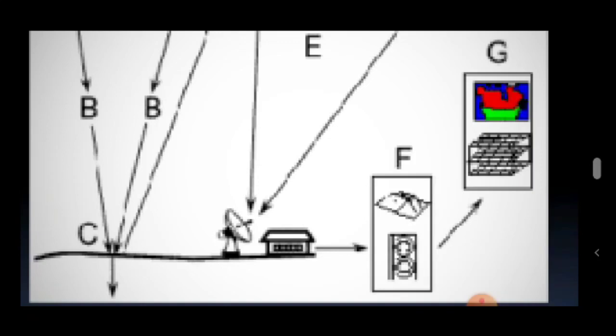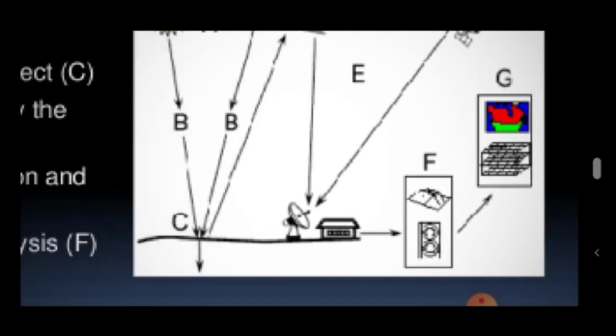The processed image can be interpreted visually or digitally or otherwise electronically to extract information about the target which was illuminated.